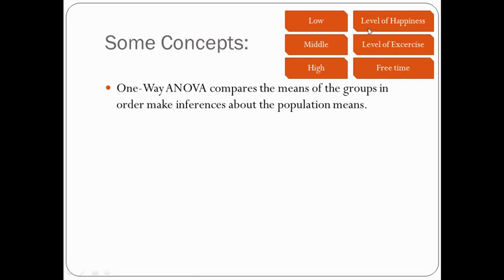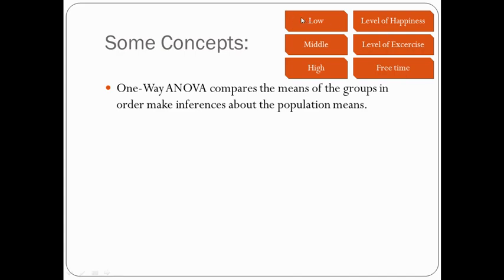And you ask them about the level of happiness, level of exercise, and the amount of free time that they have. So you need to have the standardized instrument. The instrument has to be valid and reliable in order to measure level of happiness, level of exercise, and the amount of free time that they have.